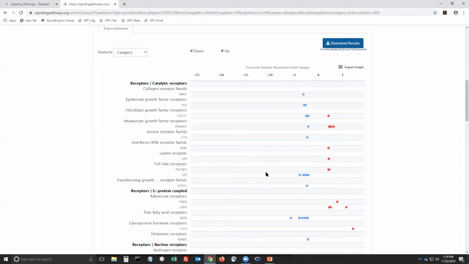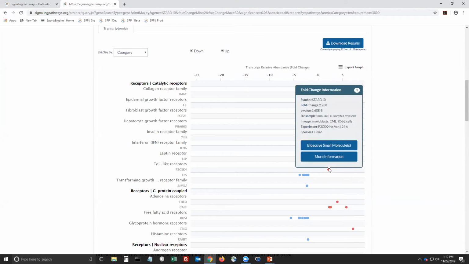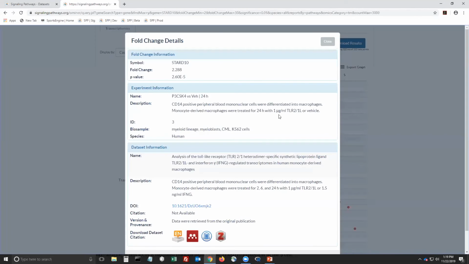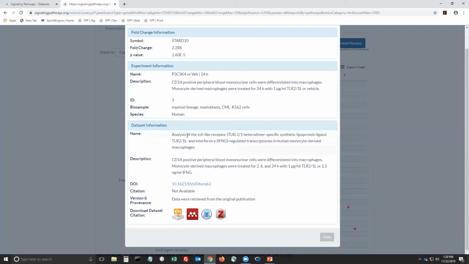Additionally, what you can see from these data points, down here on the More Information button, is the experimental and data set information for that fold change. So you get the experiment name, which is the treatment versus vehicle here, a description of what was actually done, the biosample, the species, and you can see what data set that experiment was a part of.